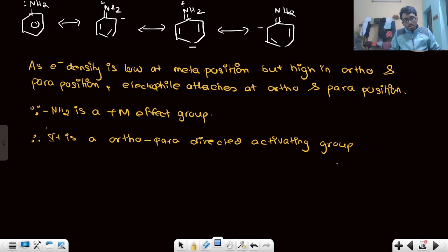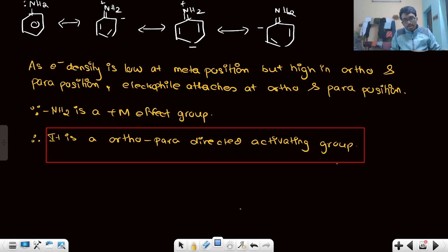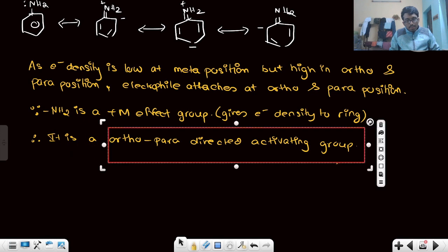Very, very important. What does plus M effect group mean? Gives electron density to ring. So this is an ortho para directed activating group. Clear or not clear?